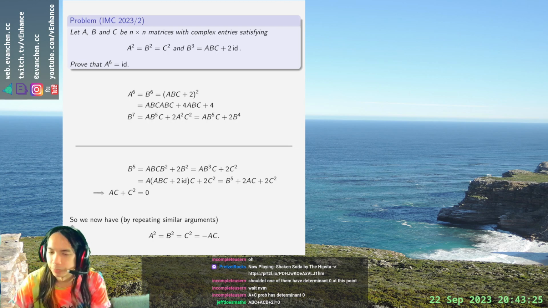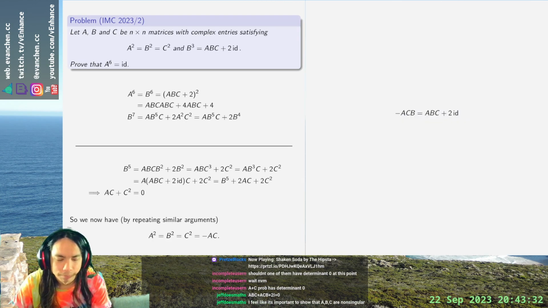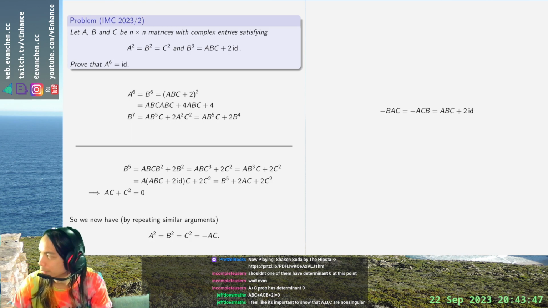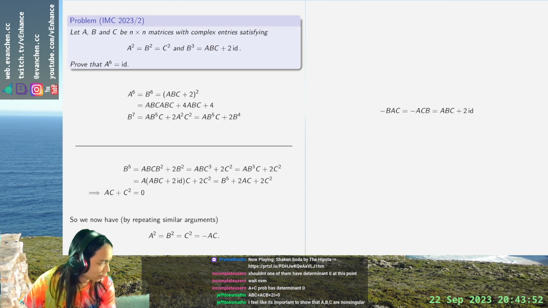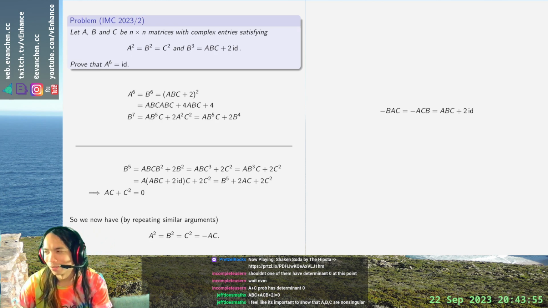Minus ACB is equal to ABC plus 2ID now. And similarly, b cubed is equal to ba squared minus bac. So we can deal with a lot of cross terms now. I don't know. I feel like it might end up just being algebraic manipulation only.